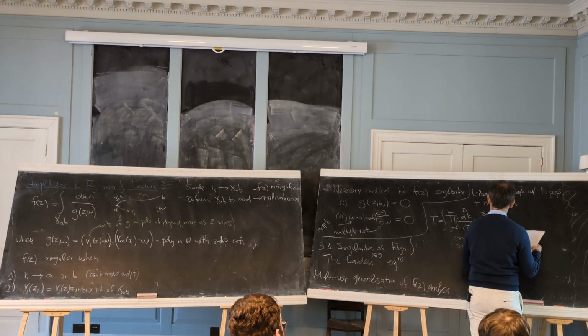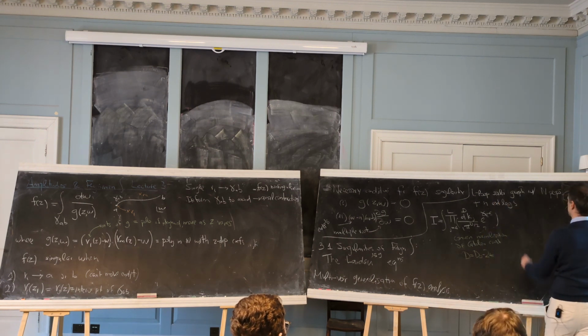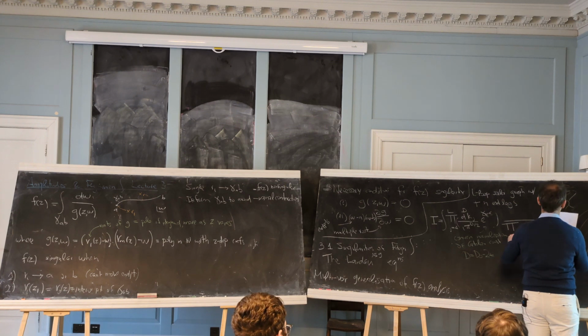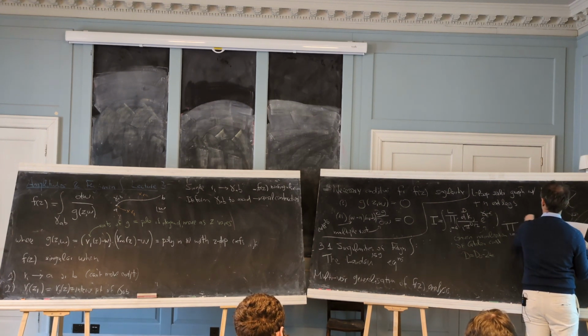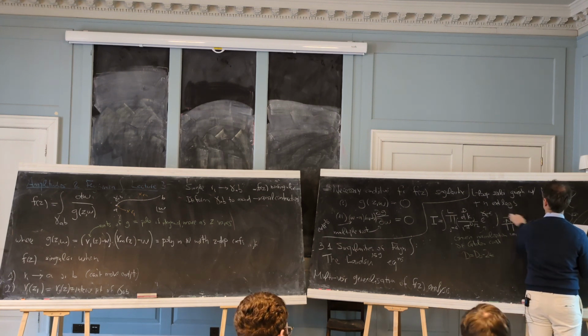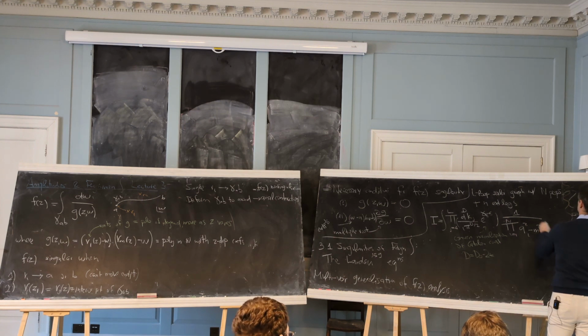Then we have the propagators: q_i squared minus m_i squared plus i0.